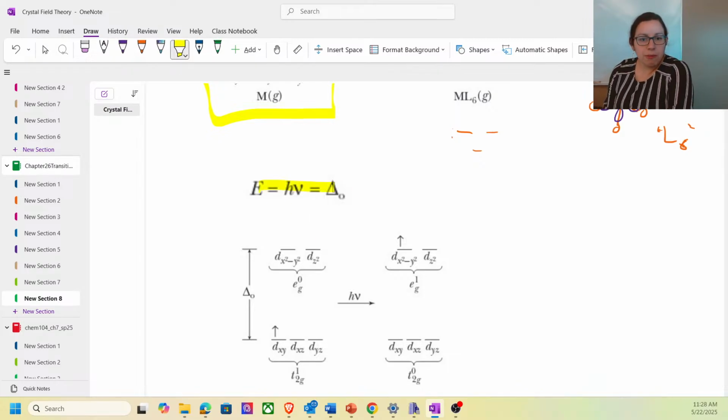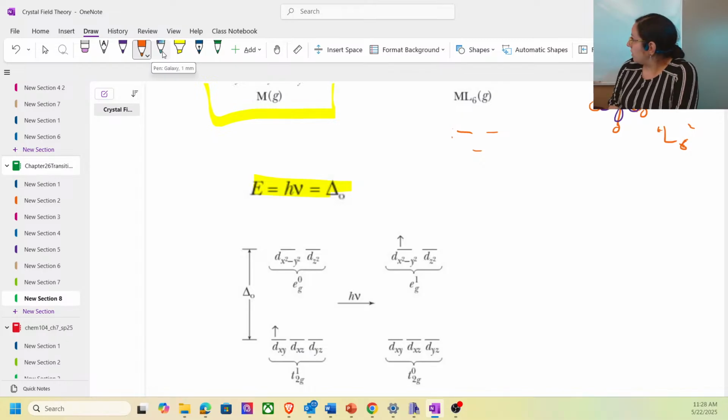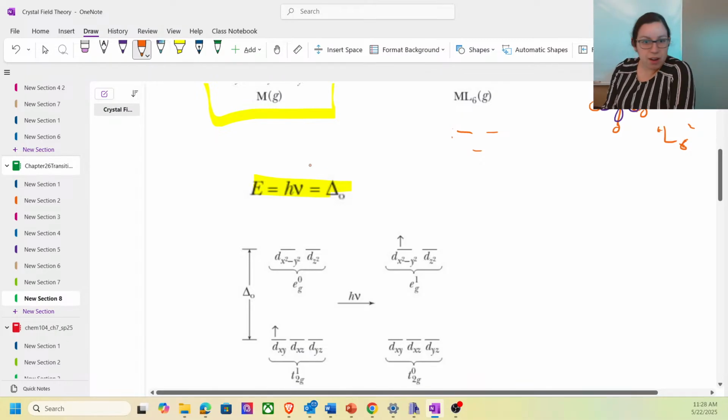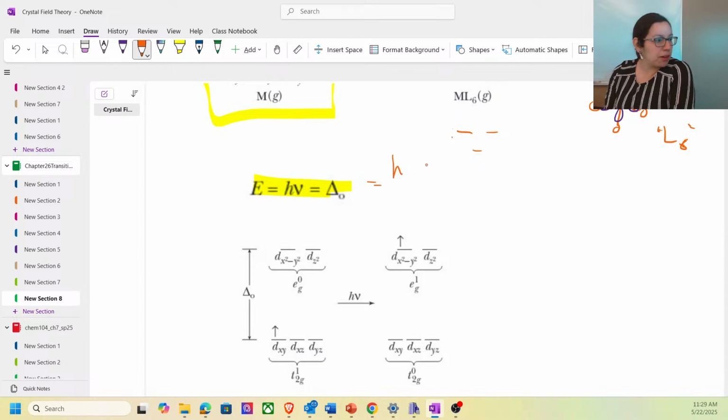Well, good thing the equation is here for us. If we remember back to our electromagnetic spectrum chapter, relating energy and wavelength, frequency, do you remember all that vaguely? So now it's come back to haunt us, but only slightly. All we want to be able to do is relate the pretty colors back to the octahedral splitting energy.